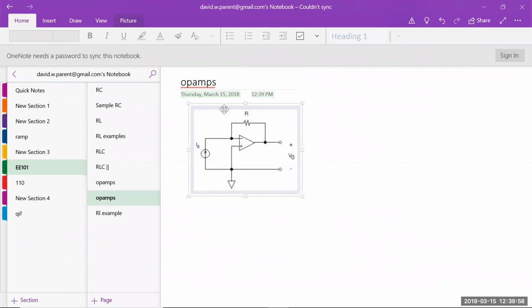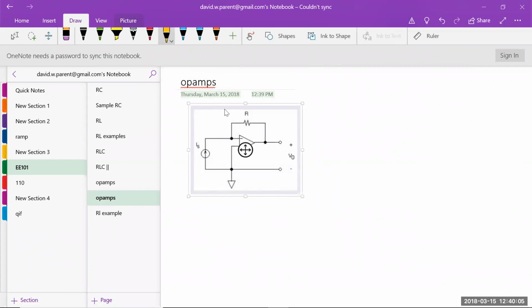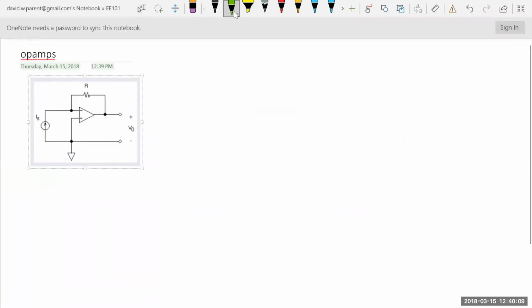So this happens to be a current to voltage converter.